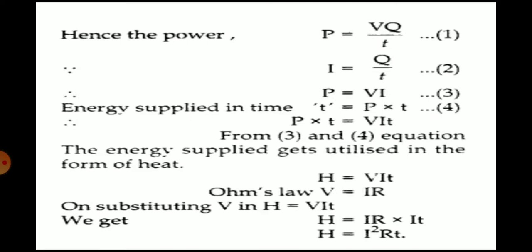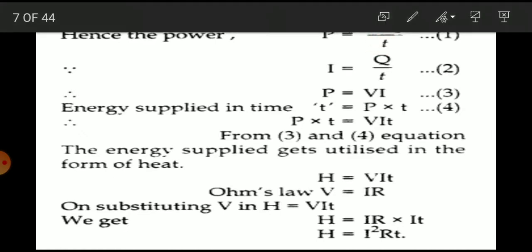This is the other way of derivation. You can use many methodologies to verify Joule's law. In this case, power is P is equal to IV, as we know that power is equal to IV.